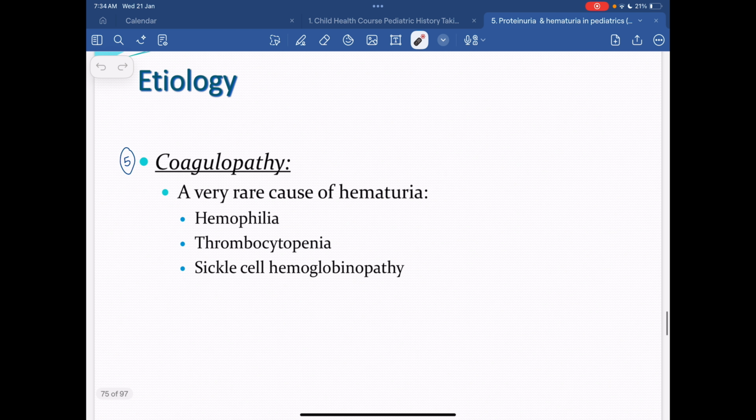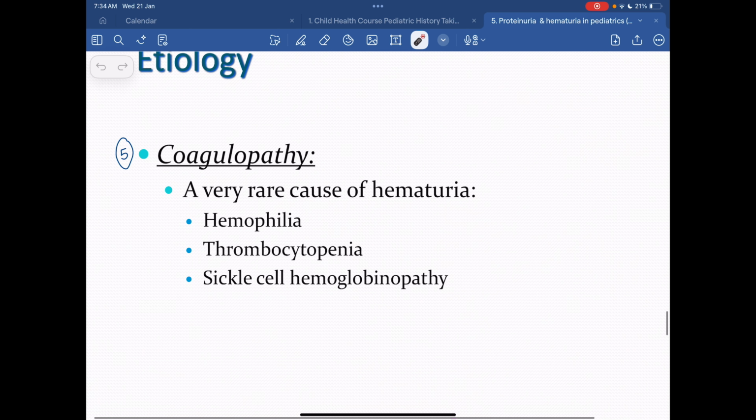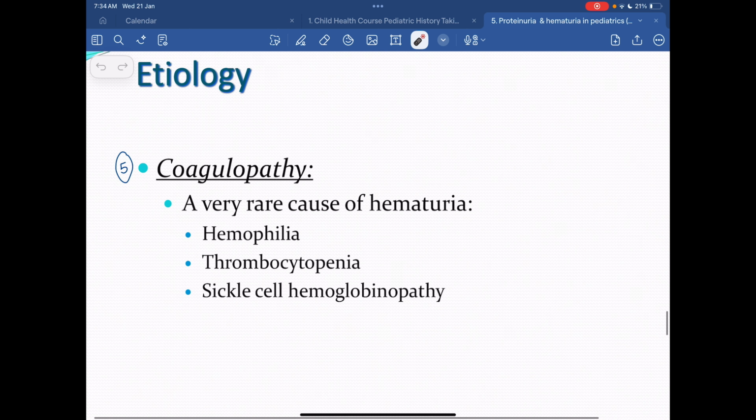And coagulopathy is a very rare cause of hematuria. The presentation is usually in other sites; commonly we have hemophilia, thrombocytopenia and sickle cell hemoglobinopathy.